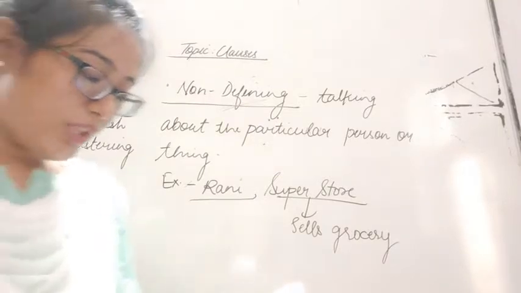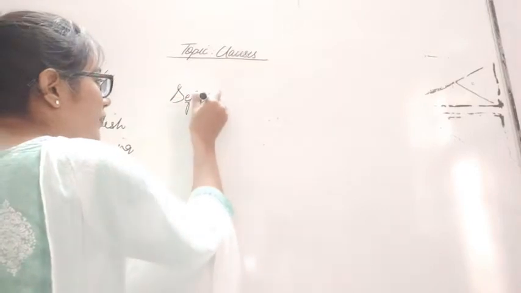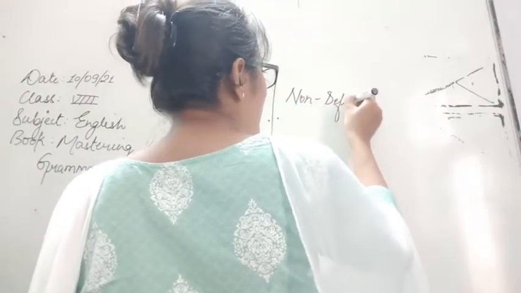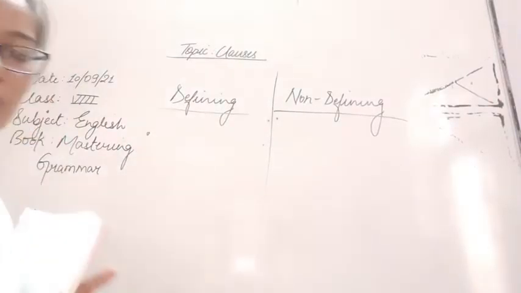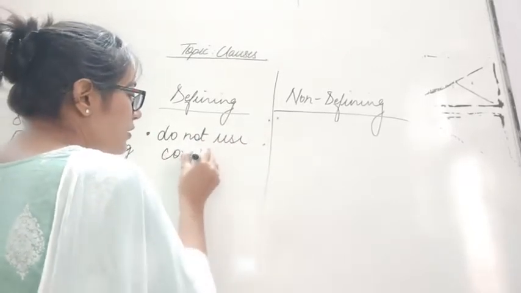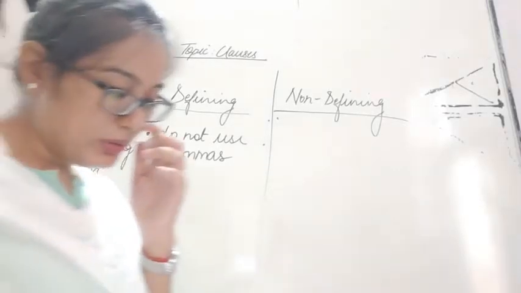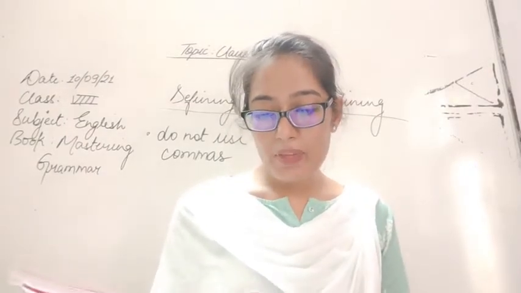Now, the difference between defining and non-defining clauses. With a defining clause we do not use commas. In a defining clause we can use that in place of who or which, and we can leave out who, which, or that when it is the object.